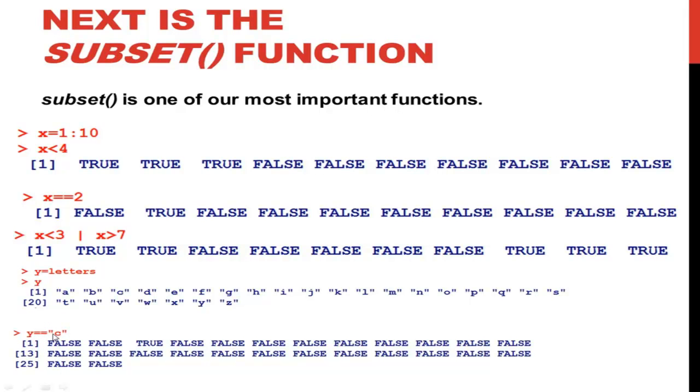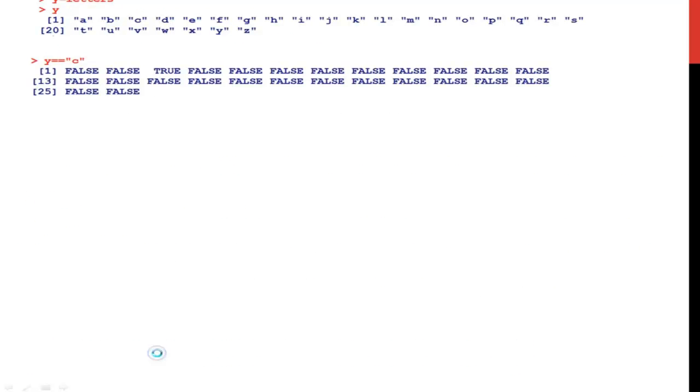What's the result going to be? It's just going to have one true element, right? And the rest are going to be false. Everyone agree with that? Try that one yourself. Set letters equal to y, and then check y double equals c. Okay, we just did that.